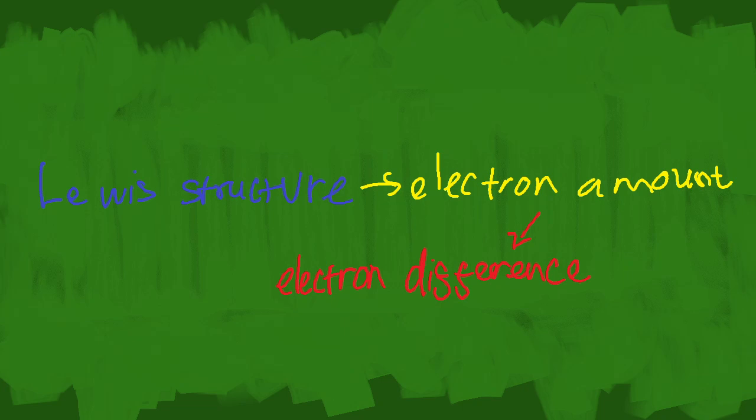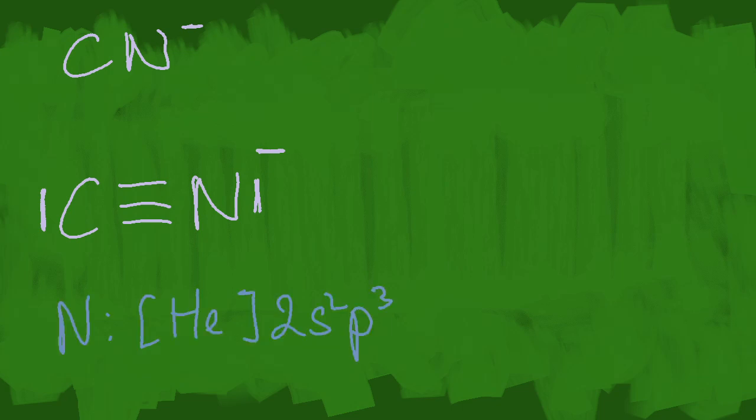Let's visualize with an example. We will take the cyanide ion. The cyanide ion, after drawing its Lewis structure, we get a triple bond and a pair for both nitrogen and carbon. So, nitrogen, the element initially has 5 electrons in its outermost shell.